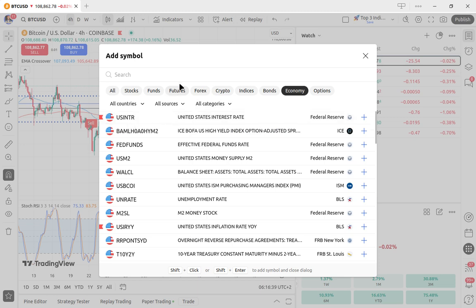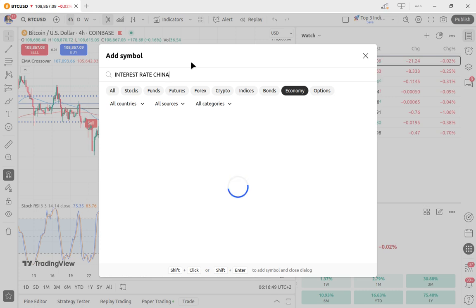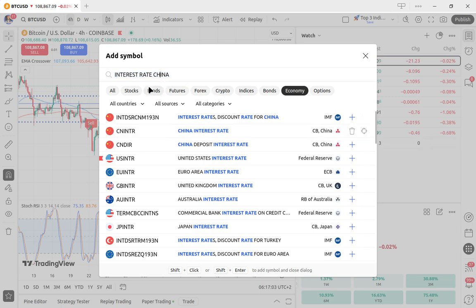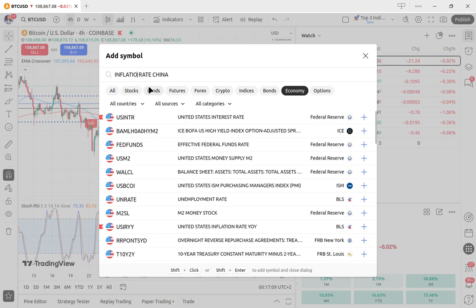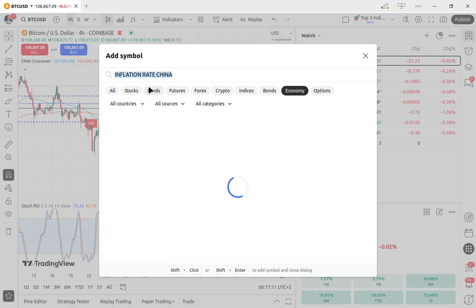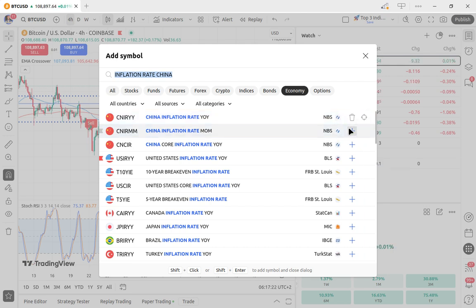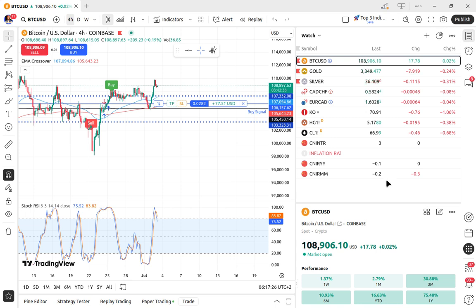So you take the interest rate. Then you take the inflation rate, or month over month, whichever you prefer. Then you compare them.